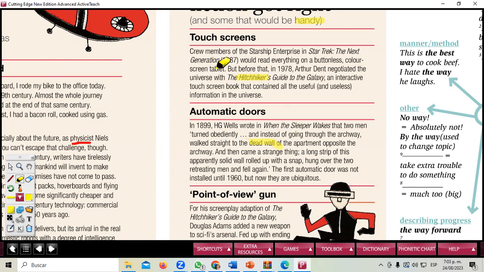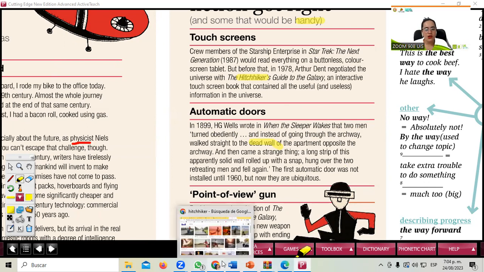Ubiquitous. So see, look at the prediction for automatic doors. 1899, that was the year. In this book, When the Sleeper Wakes, they said that the men didn't go through the archway of the entrance, but they walked straight to the dead wall.